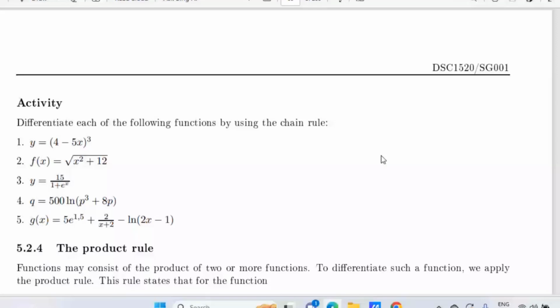Then this will be written as negative 2 over u to the power 2. Are we in agreement? Yes, sir. Then we know that our u will be x plus 2.